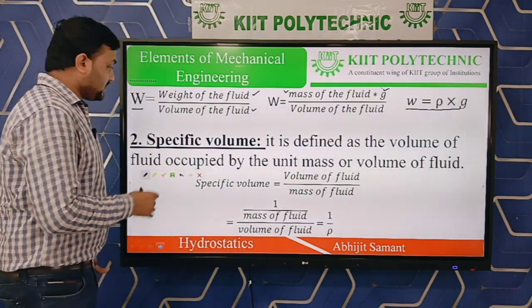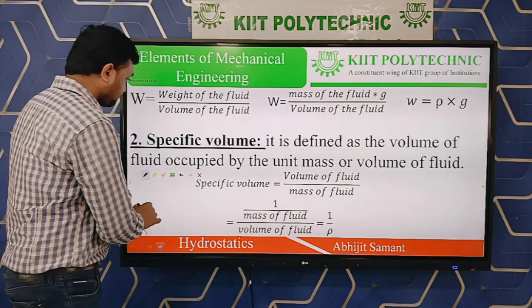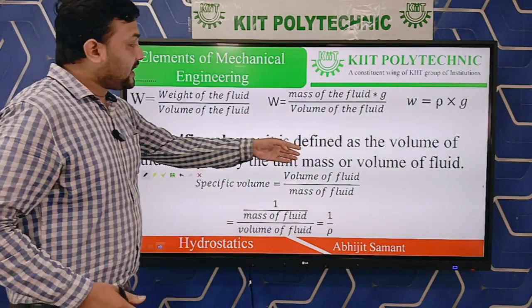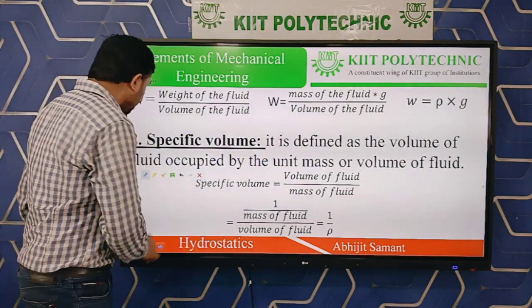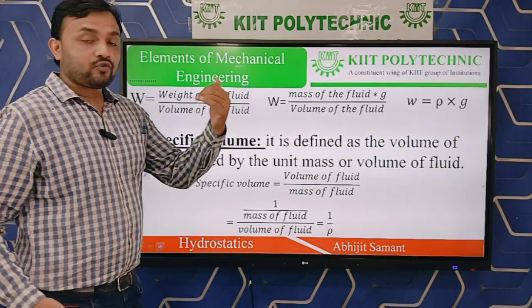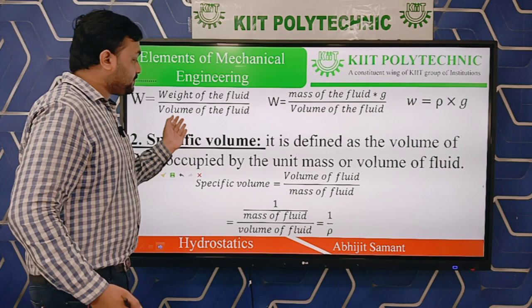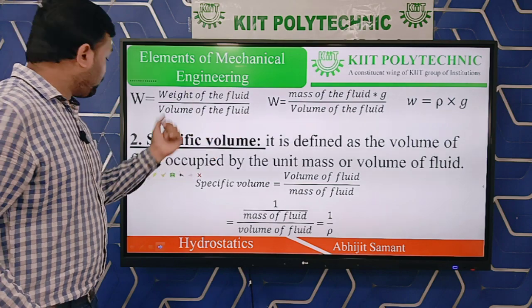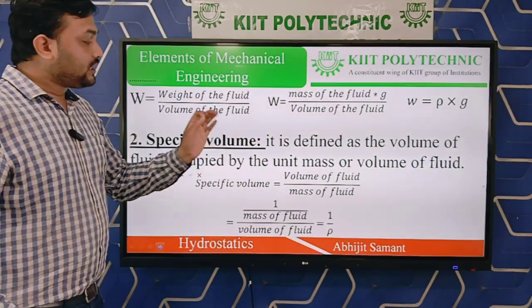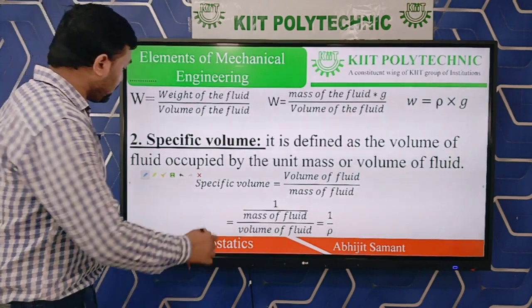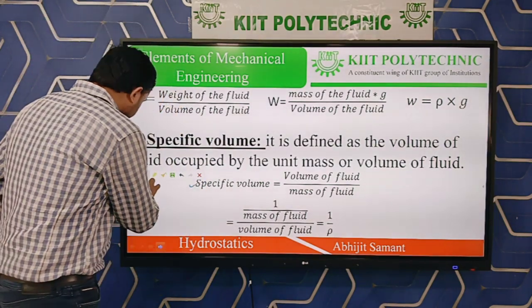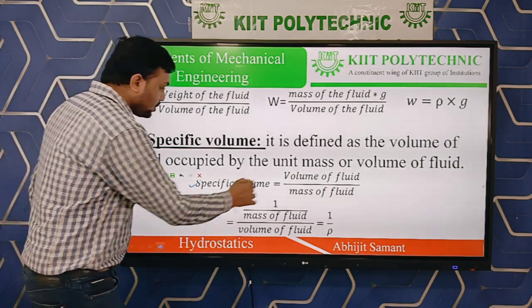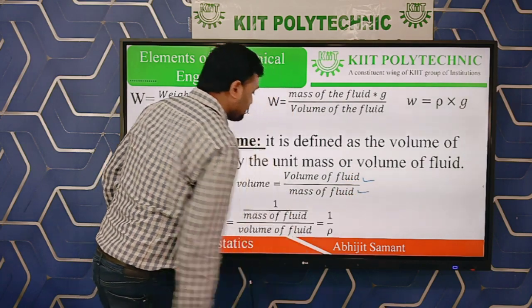Next one, specific volume. The definition says that it is defined as the volume of the fluid occupied by unit mass of the fluid. Mathematically, specific volume is equal to volume of the fluid divided by mass of the fluid.